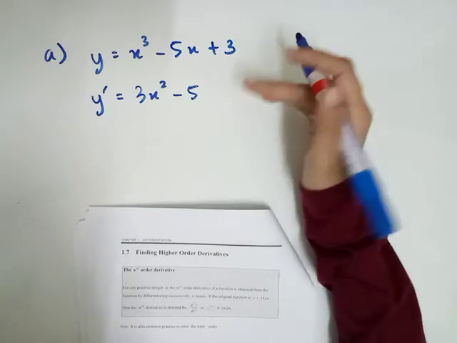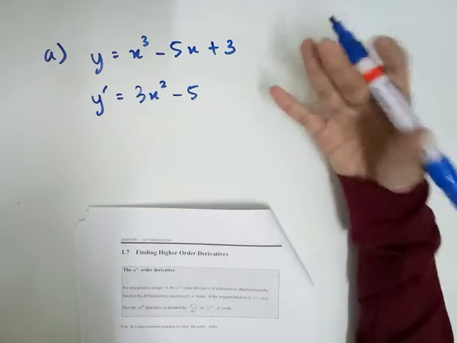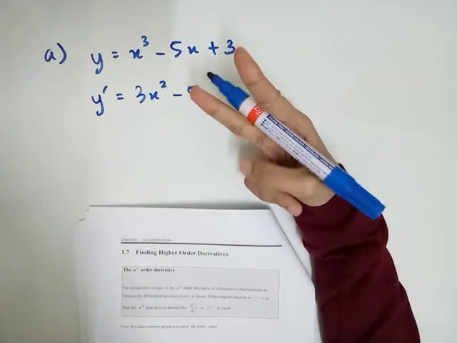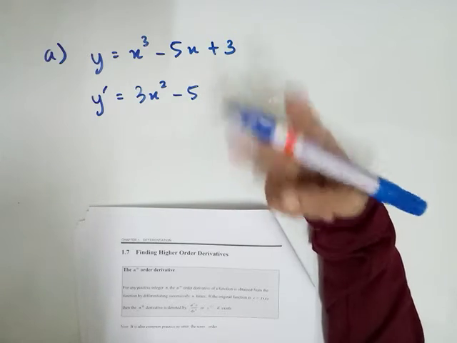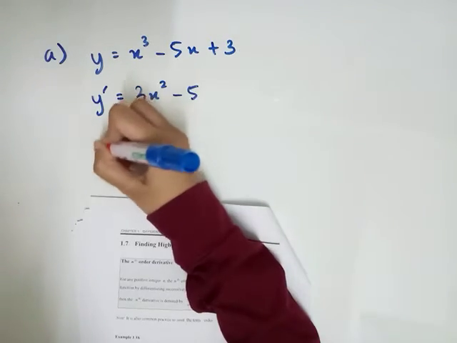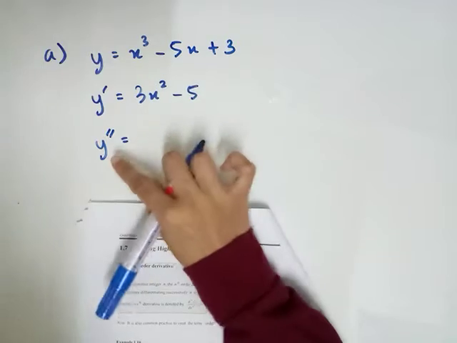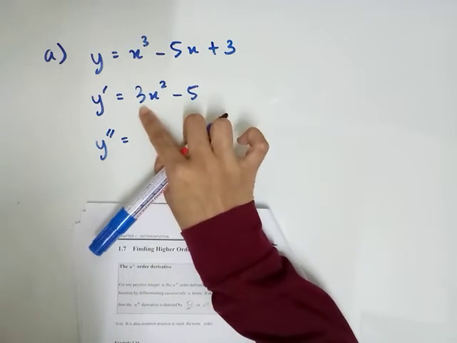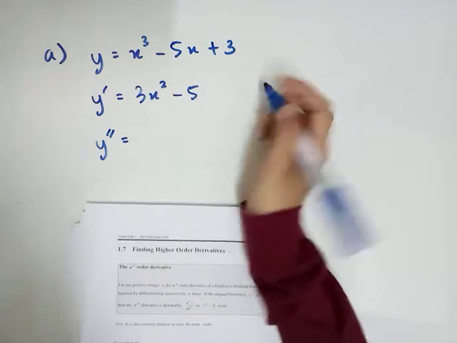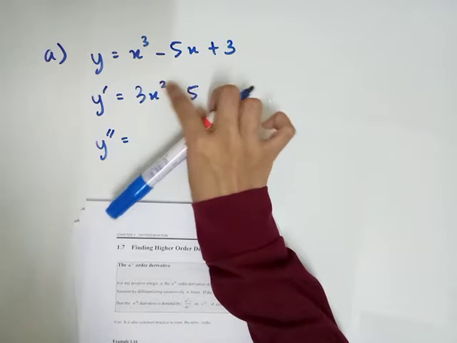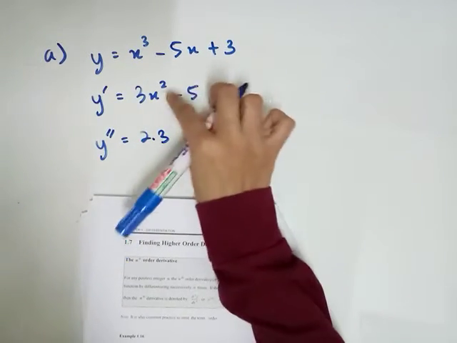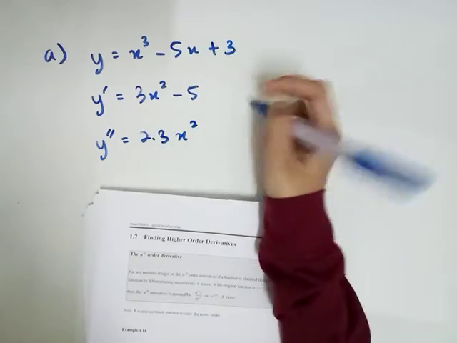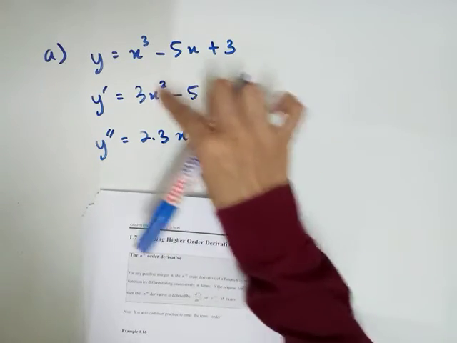We need to find the higher order, that means we need to differentiate 2 times. The question asks about finding the second order derivative. Differentiate 2 times. So this is the second order derivative. Differentiate 3x squared: the power 2, bring in front, 2 times 3, and then x to the power 2 minus 1, you get 1.